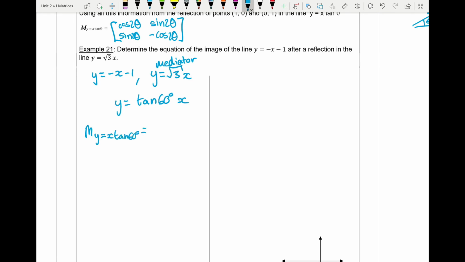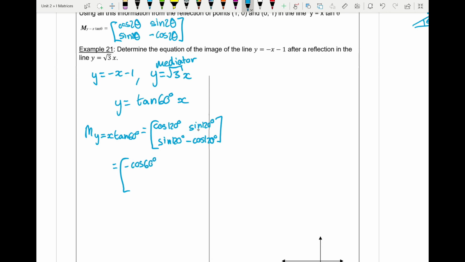So we're going to get cosine of 120, sine of 120, sine of 120, negative cosine of 120. Now, we don't know what cosine of 120 is, but we do know what cosine of 60 is. So instead of looking at 120, we can treat it in the first quadrant and just change the signs. So cosine of 120 is the same as negative cosine of 60 degrees.